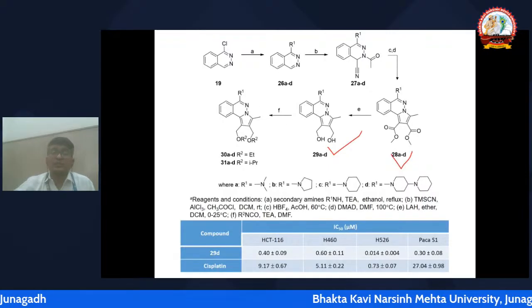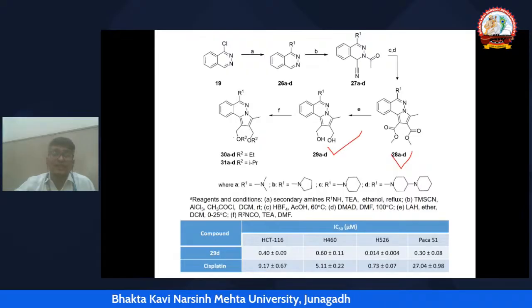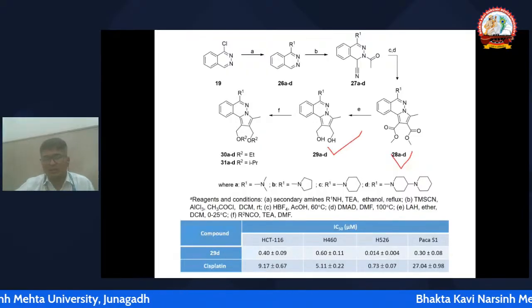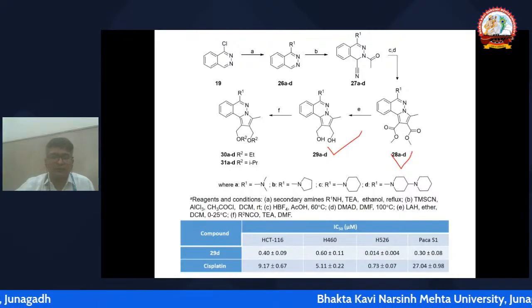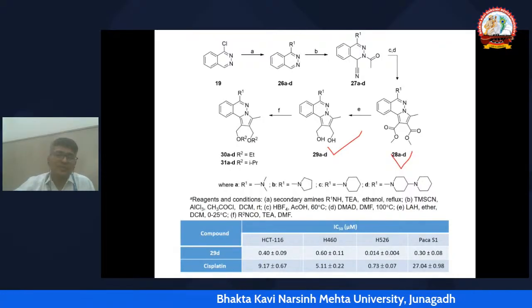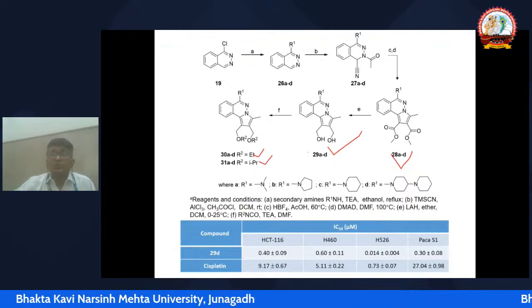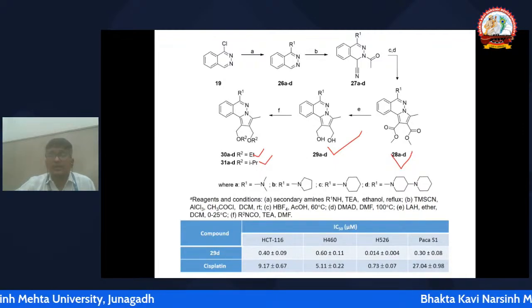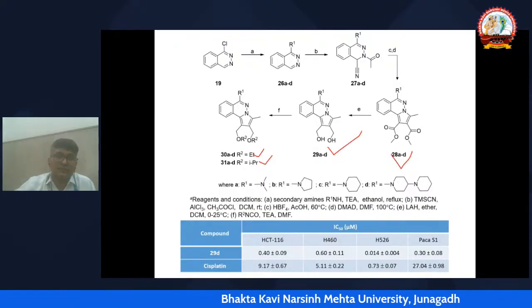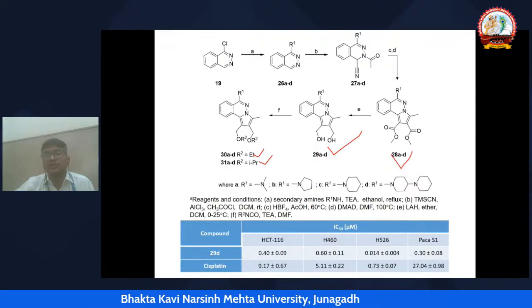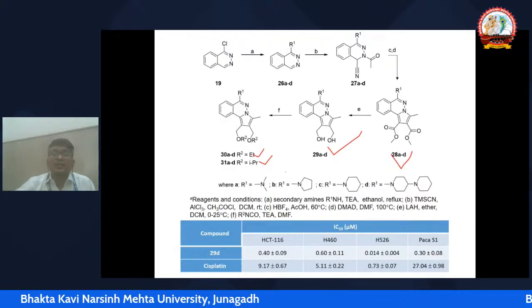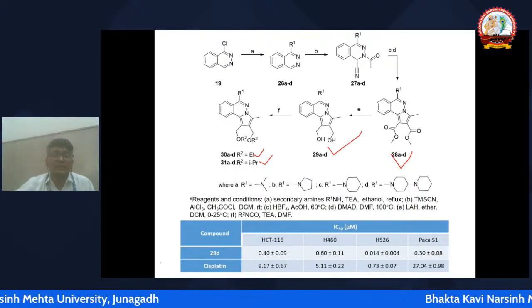Similarly, we have replaced this OH group with isocyanate R2NCO, meaning ethyl isocyanate or isopropyl isocyanate. So we have targeted molecules 29A2D, 30A2D, and 31A2D. These are the targeted molecules for the anti-cancer screenings.